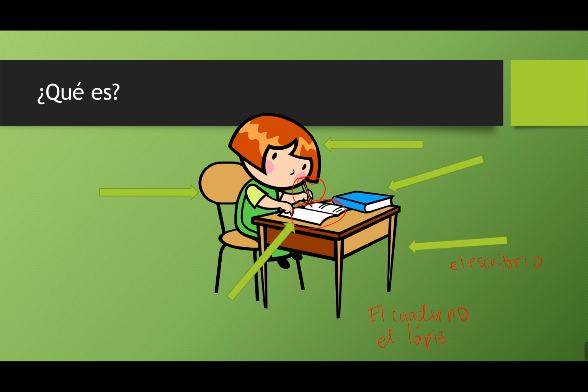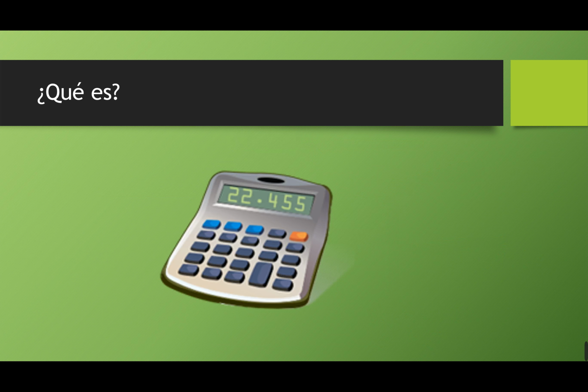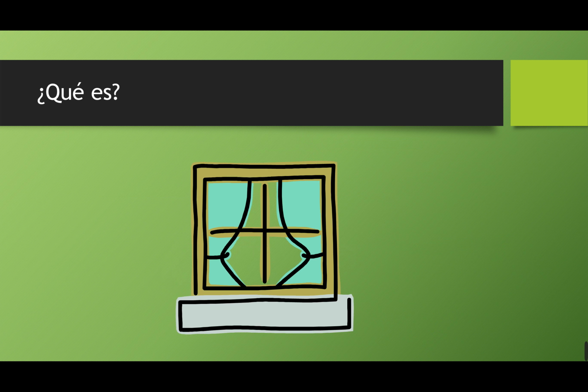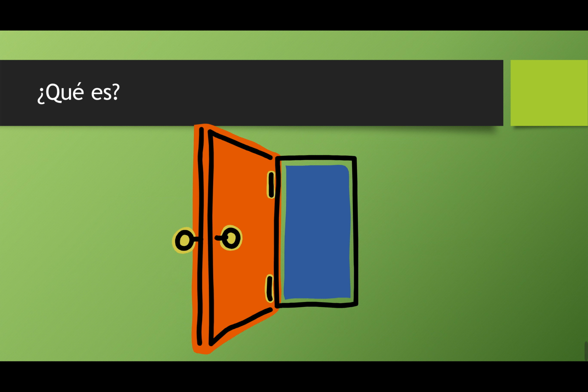But sometimes when I'm 10 minutes in, I'm not going to bother editing it. I'm not going back and re-recording it. So it just adds to the charm. La calculadora. La ventana. La puerta.